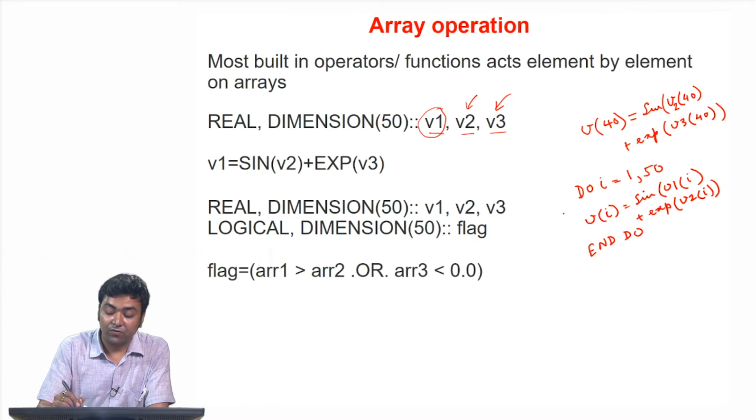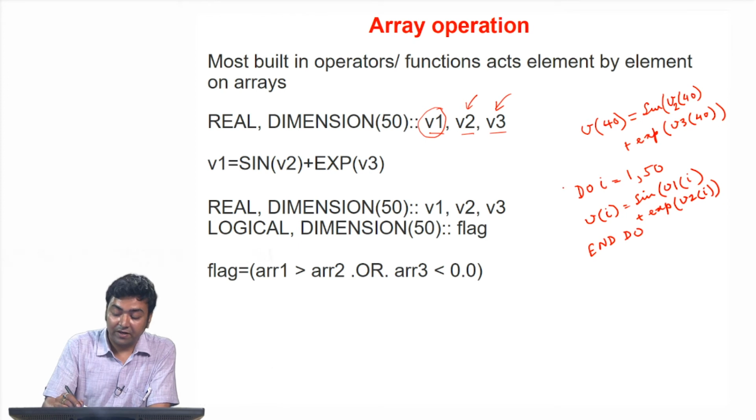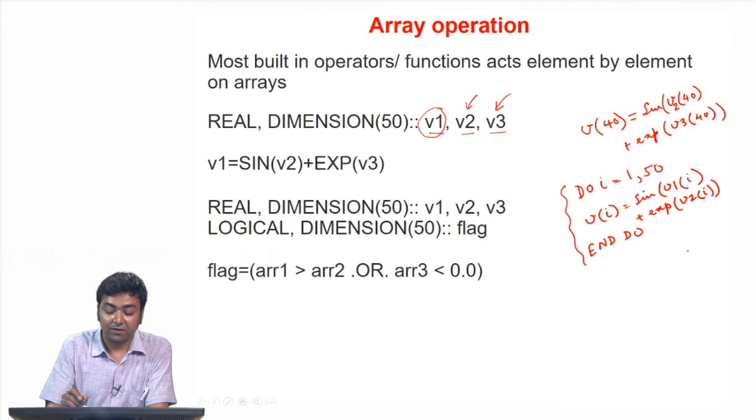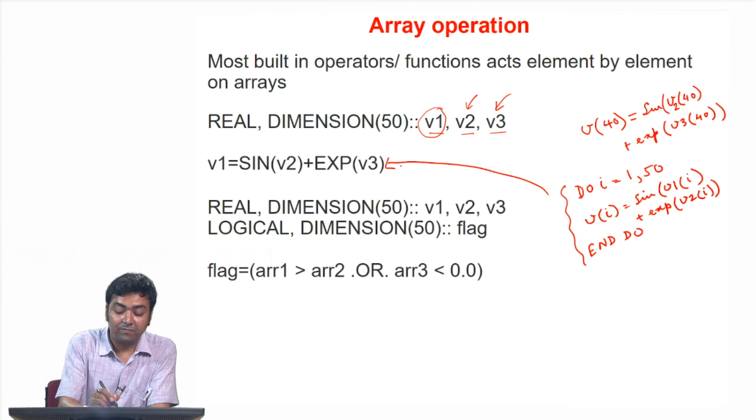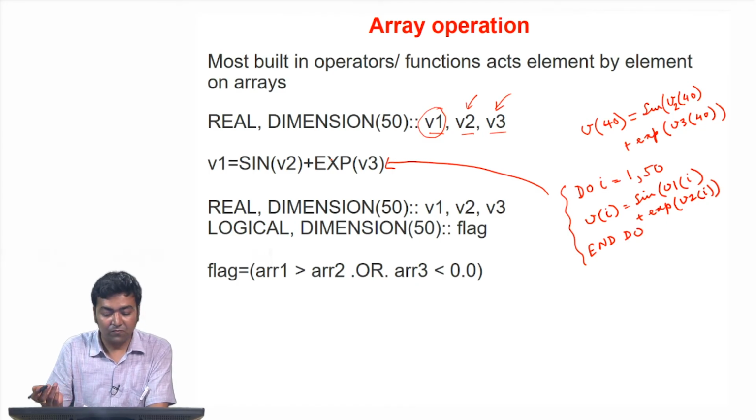This is one way to do it, but you can do it in a much more sophisticated way. All these 3 sets of instructions you can directly replace by one single line. By using just this one expression, you can do the same operations on all the elements of the array at one shot.